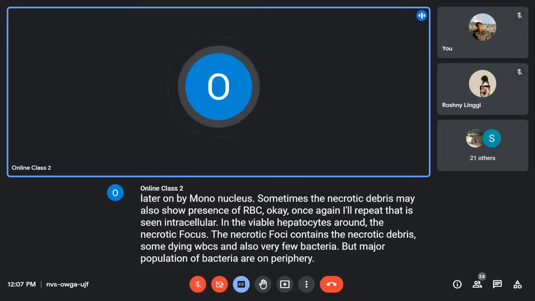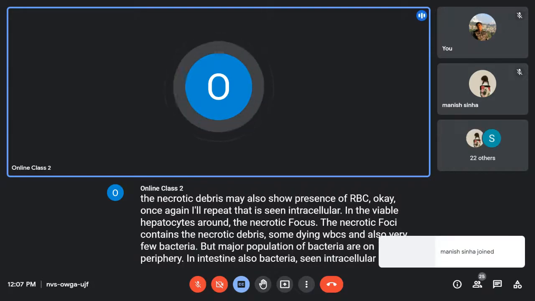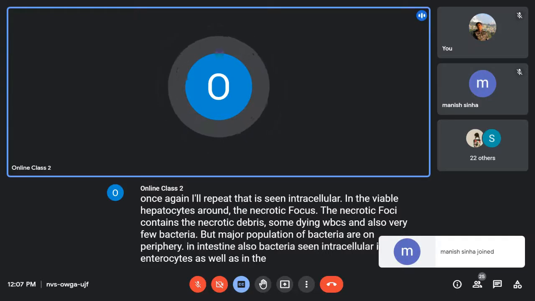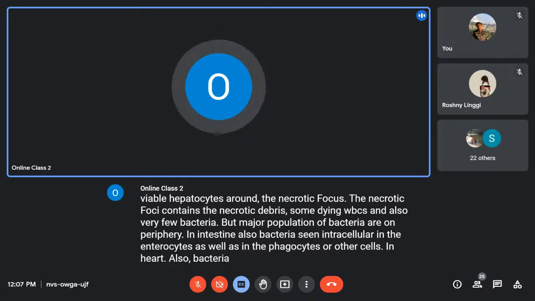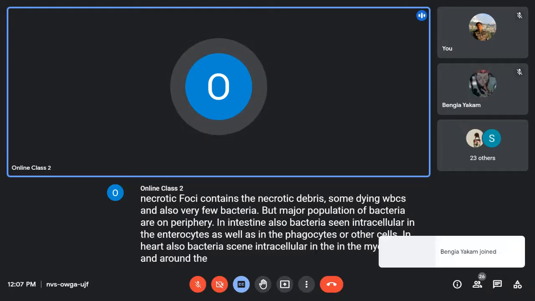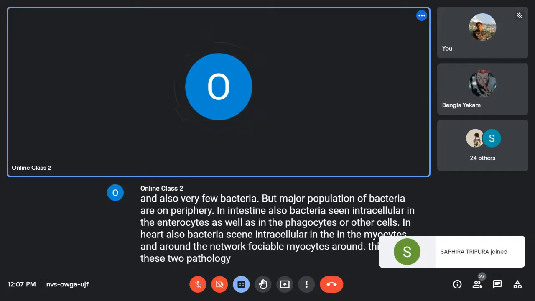In the intestine also, bacteria are seen intracellularly in the enterocytes as well as in the phagocytes or other cells. In the heart also, bacteria are seen intracellularly in the viable myocytes around the necrotic foci. This is the histopathology of Tyzzer's disease.